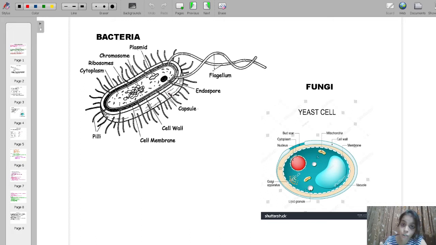Now, what is the function? When a bacterium attacks a host's body, to the host body the bacterium is a foreign entity. And we know whenever a foreign entity enters our body, it can be a chemical, it can be another organism, how does the body respond? The body responds by producing antibodies or maybe antitoxins.